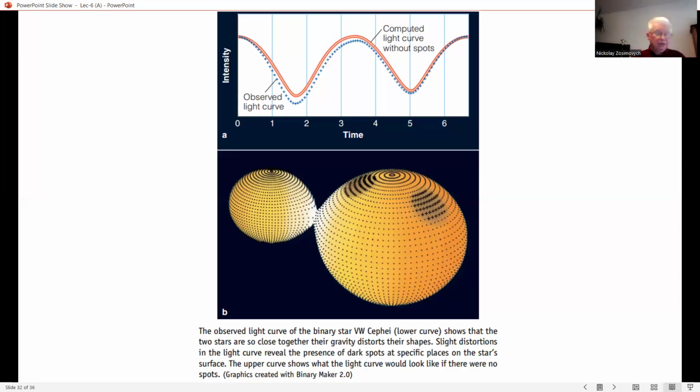Multiplying this time interval by the orbital velocity of the small star gives the diameter of the larger star. You can also determine the diameter of the small star by noting how long it took to disappear behind the edge of the large star.